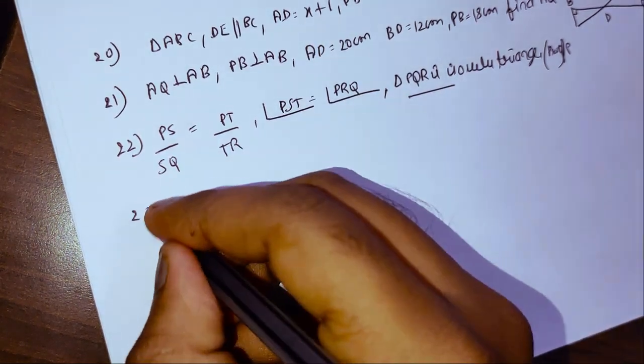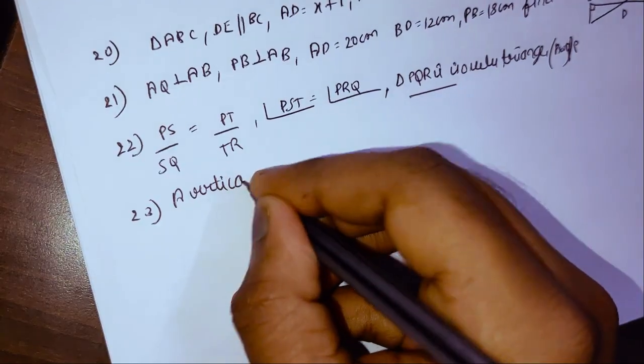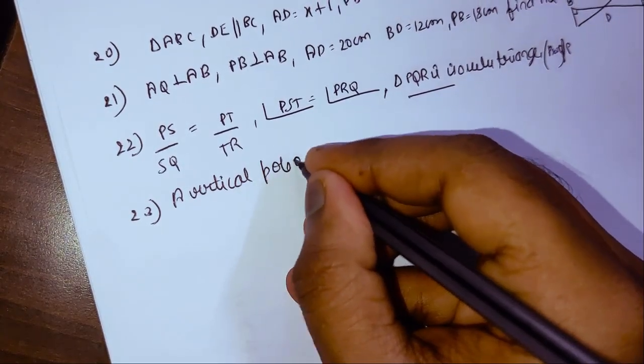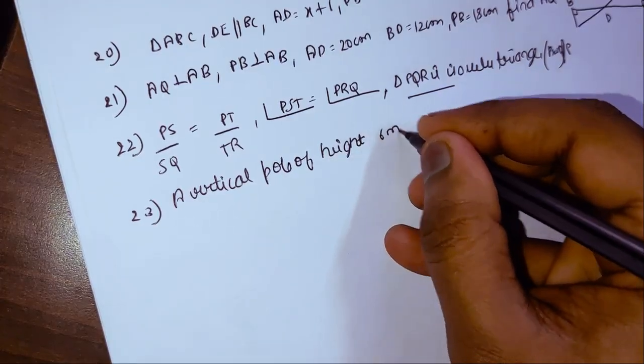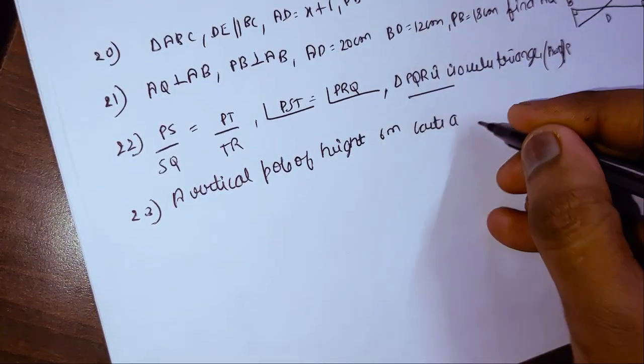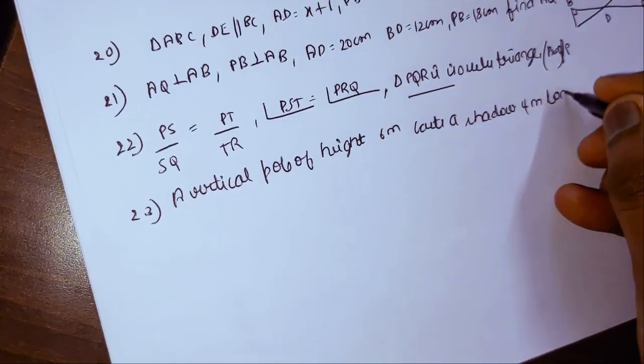Moving to the 23rd question. A vertical pole of height 6 meter casts a shadow 4 meter long on the ground.